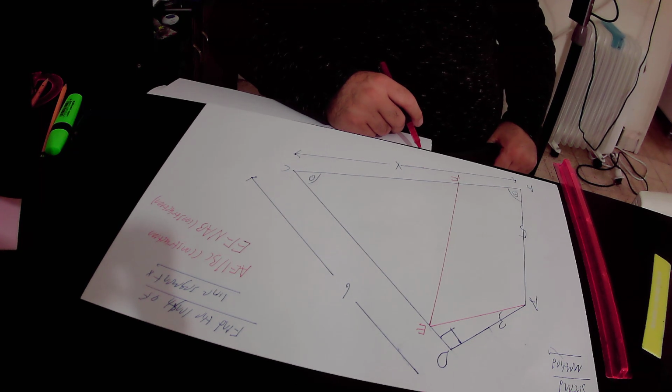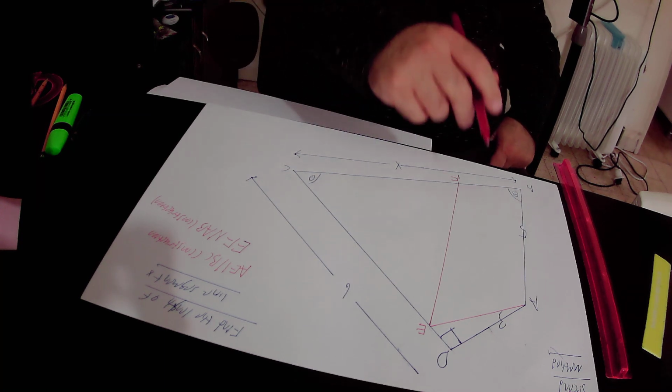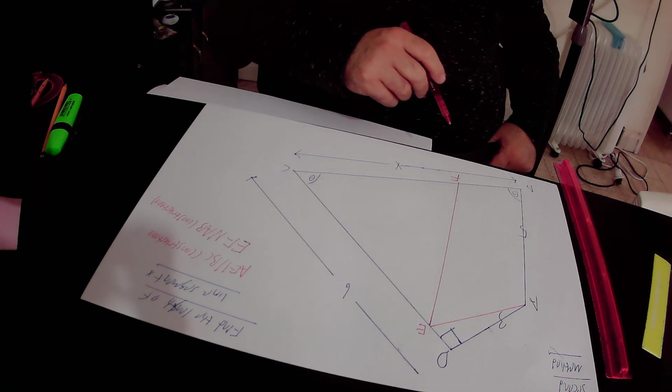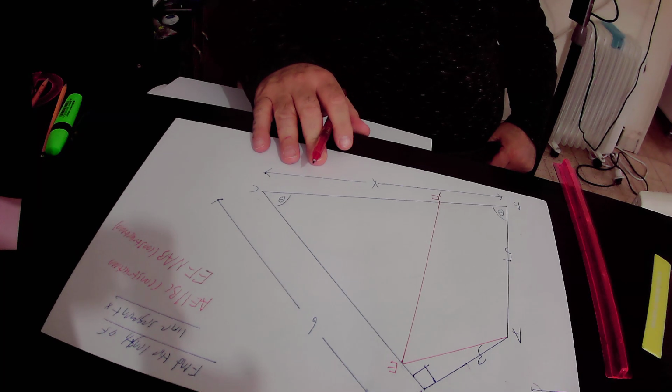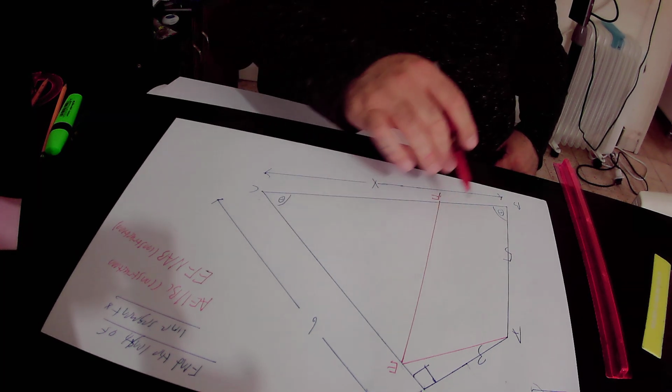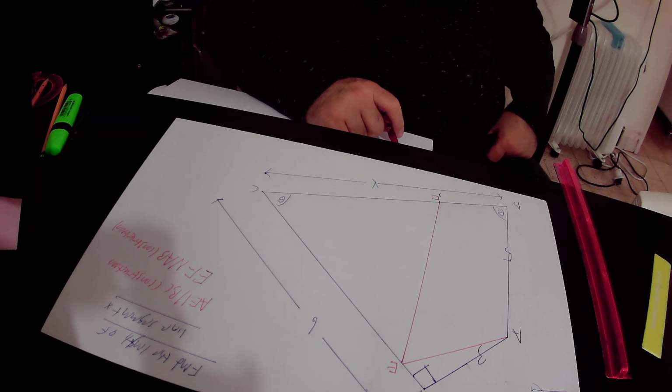So actually we created here quadrilateral AEBF. Quadrilateral AEBF has two couples of parallel sides.